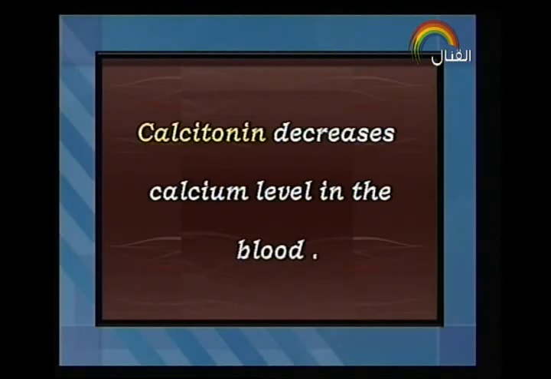So calcitonin's main function is to decrease the calcium level inside your body. As soon as the calcium level increases in your blood, what happens? Calcitonin is directly secreted from the thyroid gland, collects the calcium and returns it back to your bone.